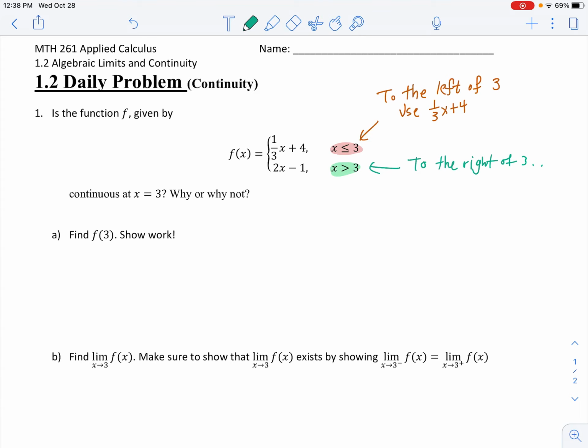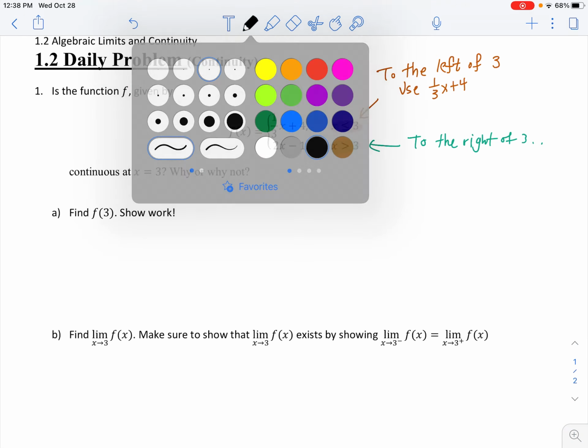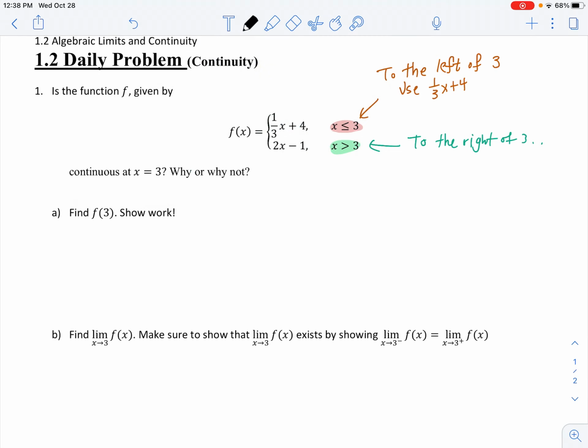And I made it into 3 parts because I want you to use a definition of continuity that we talked about in class. So first of all, A, you need to find the function value at x equals 3. Does it exist? Let's find f of 3. Which piece do you have to use? It says x is less than or equal to 3 right here, right? So don't plug it into the bottom piece.